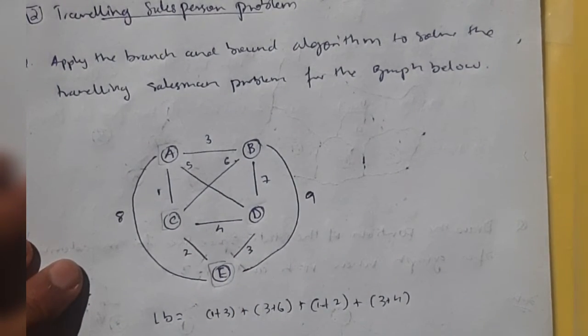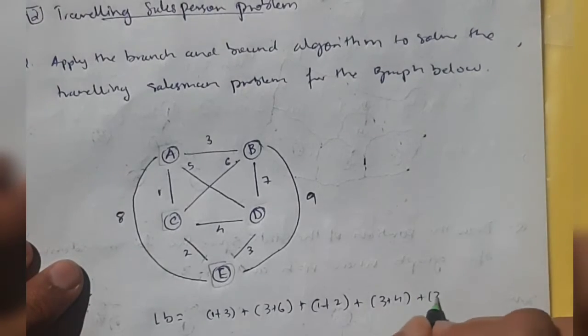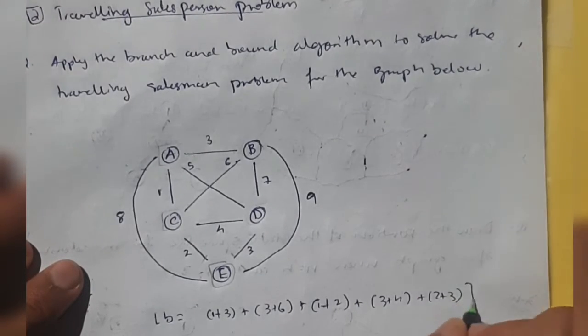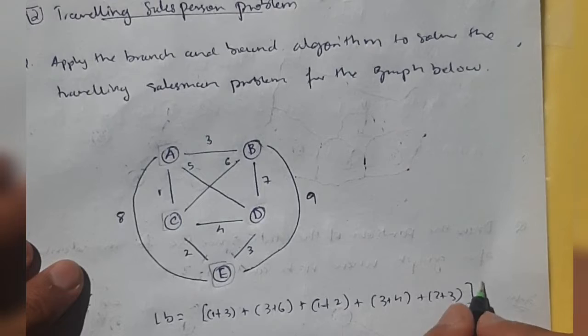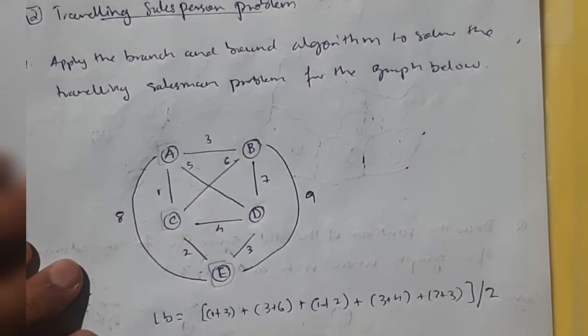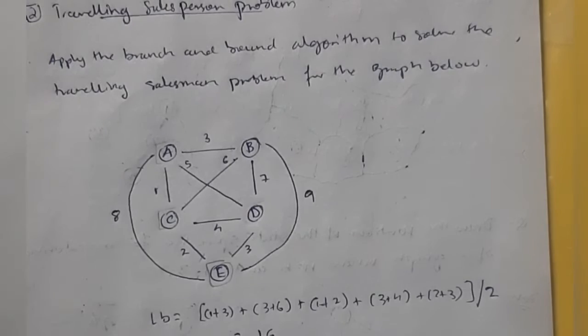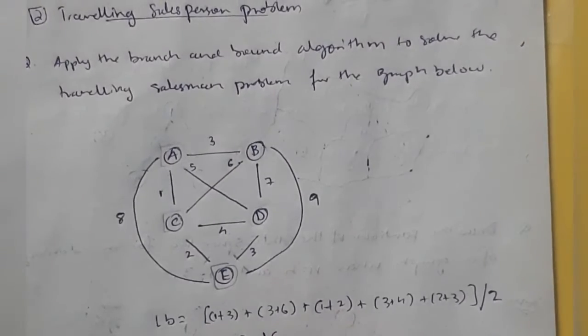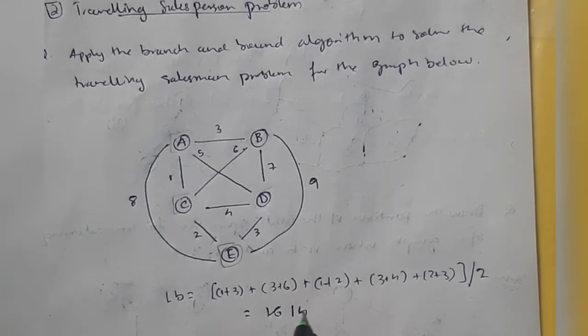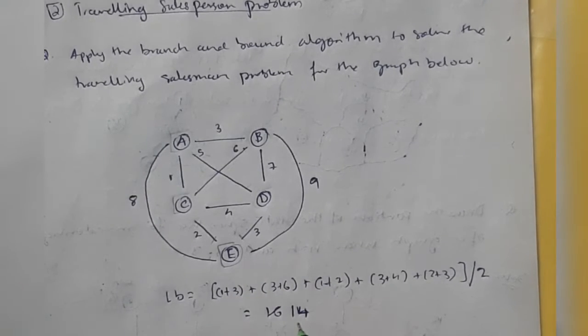So I'll be writing here 2 plus 3. Then the whole divided by 2. When you do this, we will get the answer as 16. Sorry, not 16, it's 14. Okay, so we get the answer here as 14.